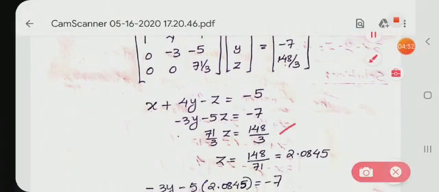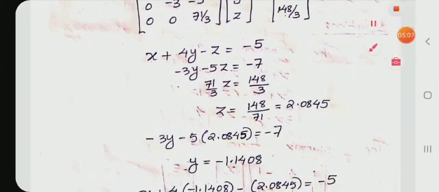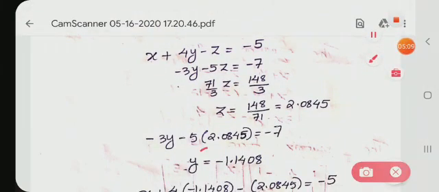From the last equation, we have z is equal to 148 by 71, which is 2.0845. Now substituting the value of z in the second equation: minus 3y minus 5 into 2.0845 equal to minus 7. So y is minus 1.1408.